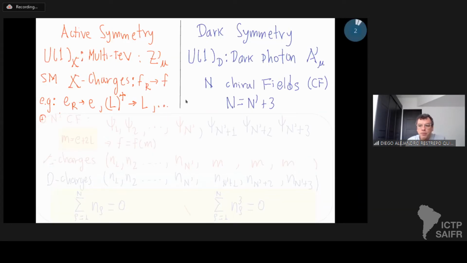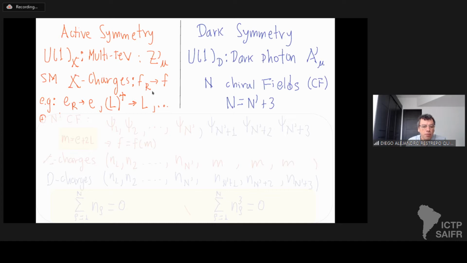I will divide the two types of abelian symmetry into the usual dark symmetry with a dark photon, under which the standard model particles are neutral, and the usual U(1) prime abelian symmetry, which I will call an active symmetry. Under this symmetry, the standard model is charged.